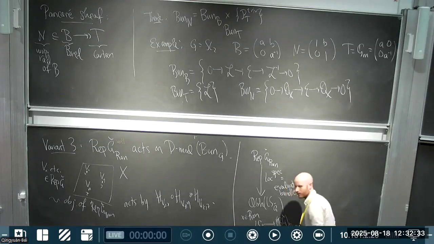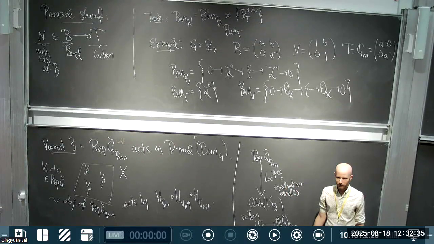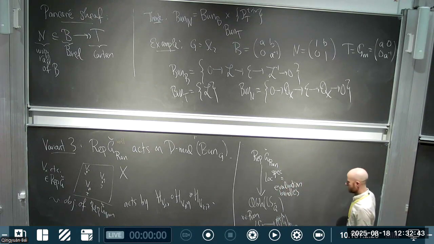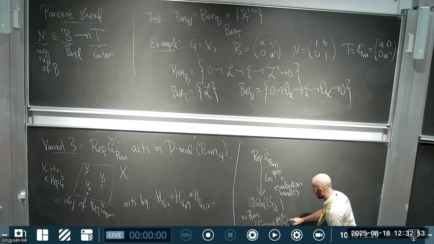Is that what you called it, Dima? Yeah, well, it was Point mod G check. So you'll get a map from this Loc Sys G check to this point mod G check run.